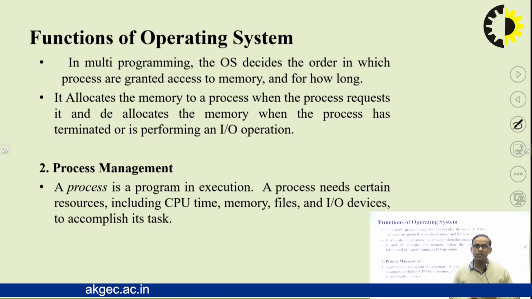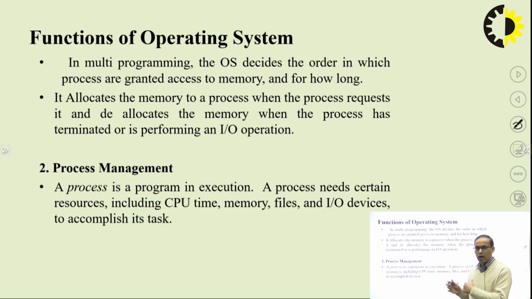Actually, a process is a program, but it is an active program. It means once your program is on the hard disk and not loaded in main memory, this is known as the program. Once your program is loaded in main memory and it is ready for execution, or it is under execution by the CPU at a particular instant of time, then that program is in an active state.